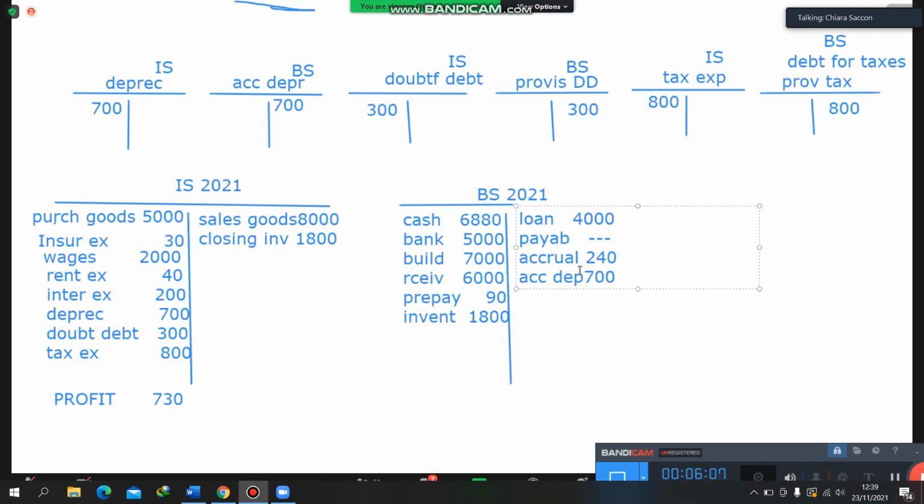Then provisions for doubtful debt, 300. Then provisions for tax, 800.